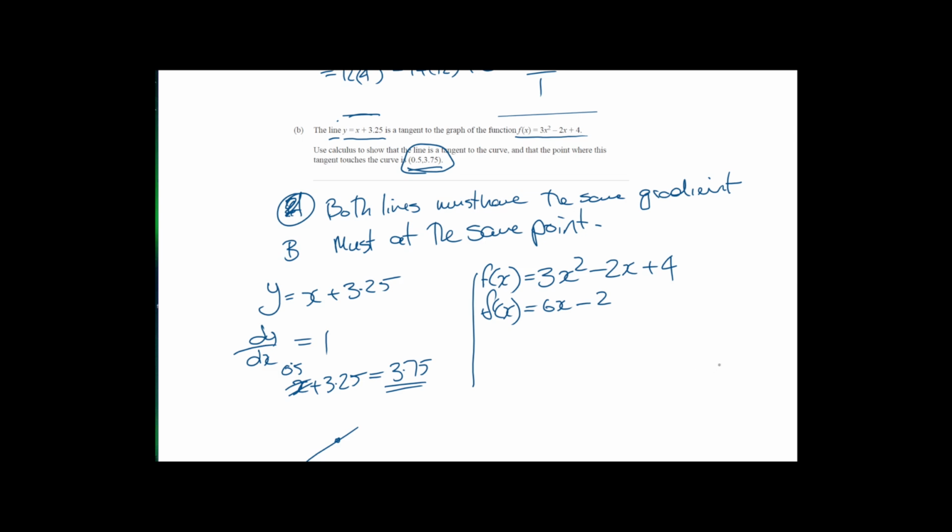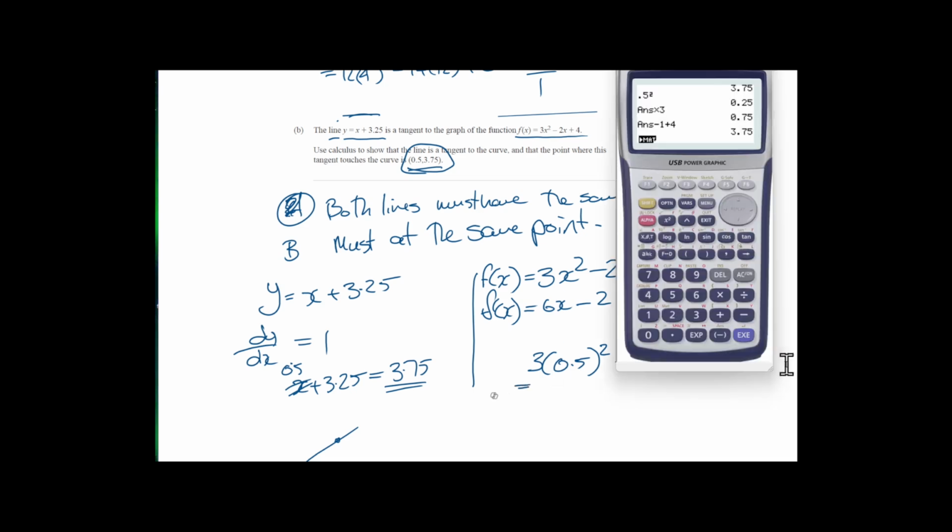Does this original curve pass through the point (-0.5, 3.75)? Well, 3 times (-0.5) squared minus 2 times (-0.5) plus 4. Does that come to 3.75?